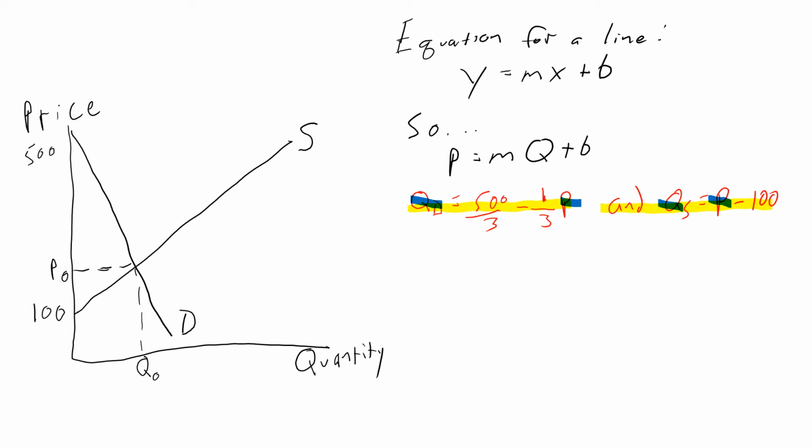We know that at equilibrium, QD is equal to QS is equal to Q star. And so we can set our equilibrium quantities equal to each other, and we have 500 over 3 minus 1/3 P is equal to P minus 100.